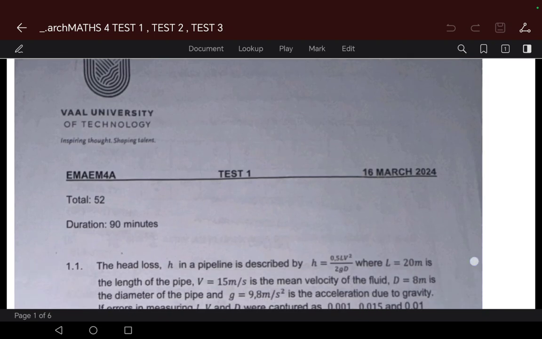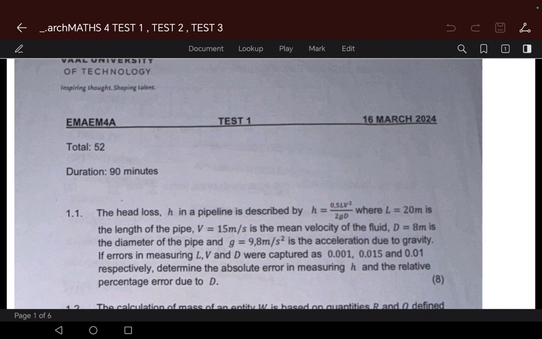So 1.1, we have H equals 0.5 LV squared over 2GD, where L is equal to 20 meters, the length of the pipe, V is 15 meters per second, the mean velocity of the fluid, D is equal to 8 meters, the diameter of the pipe, and G is acceleration due to gravity, 9.8.